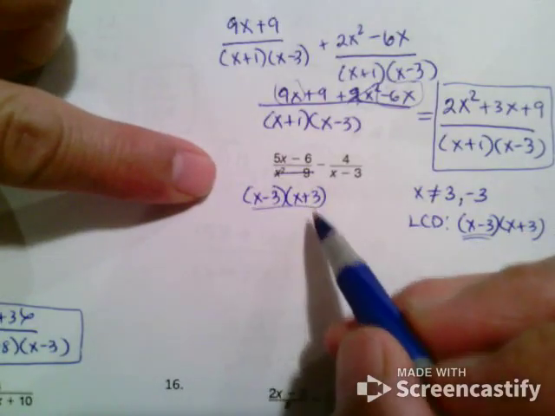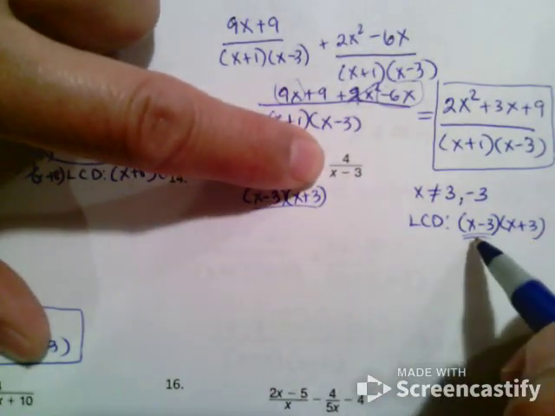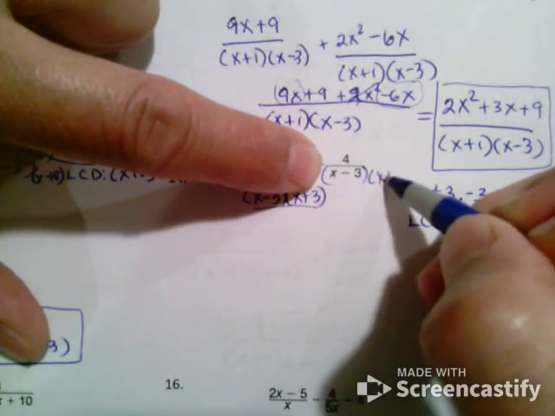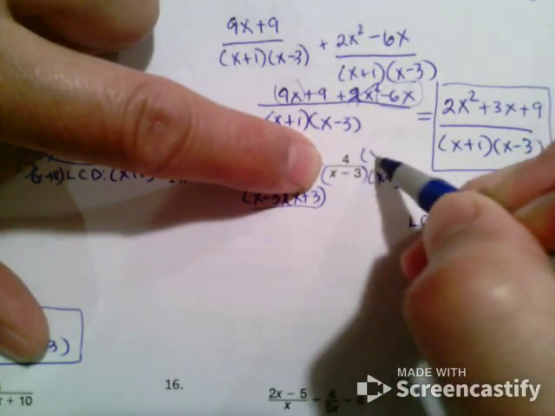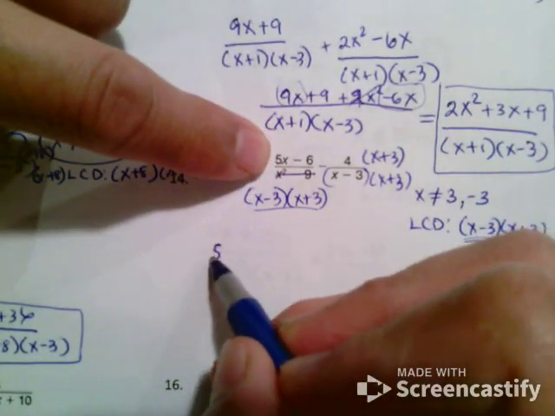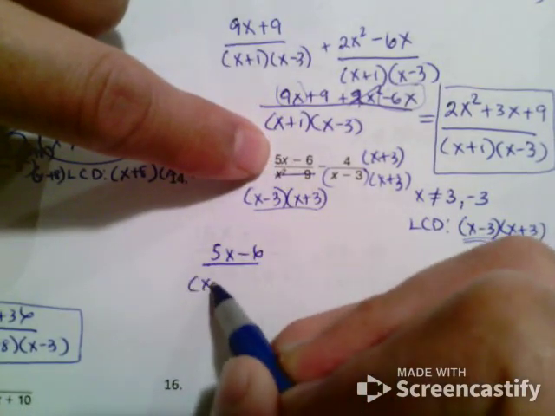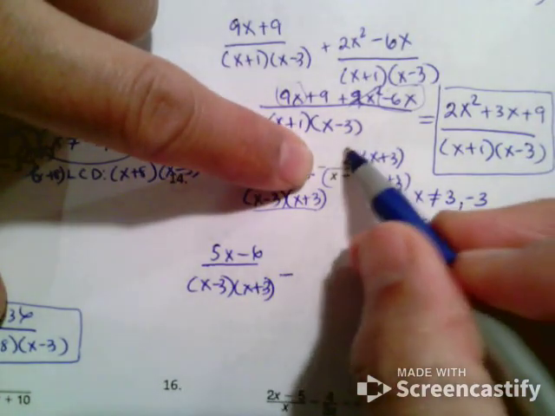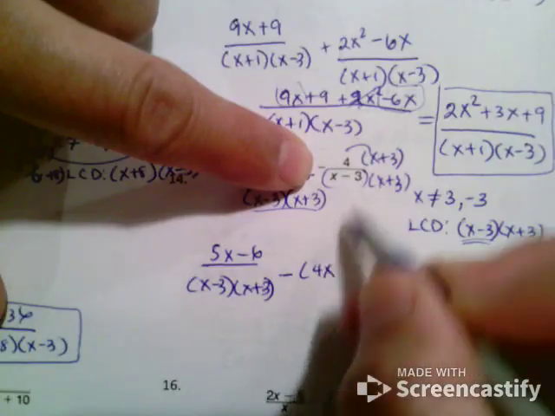And this one is the LCD. This one's missing this one, so I have to times it by x plus 3. Okay, so this one we already have. This one we'll have to multiply it out.